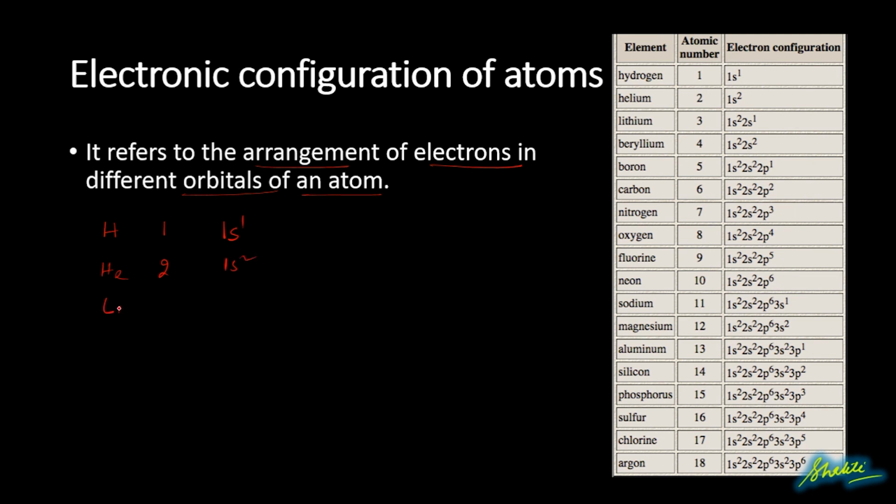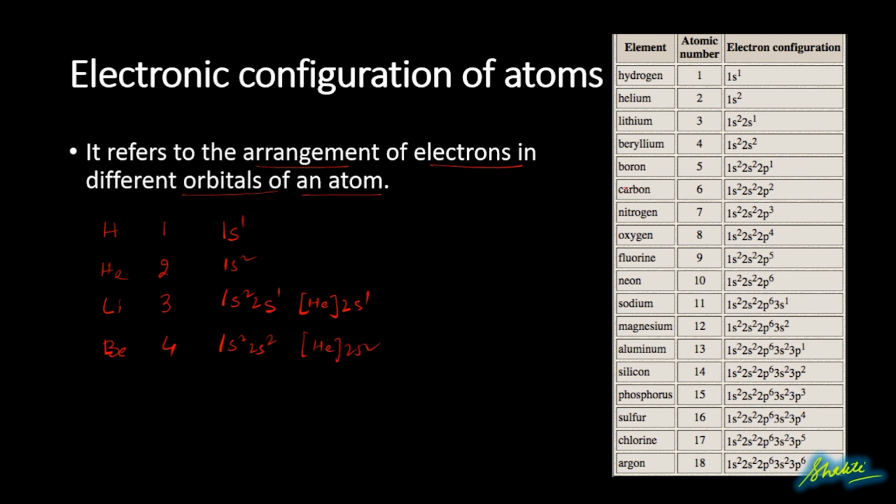After helium there is lithium, atomic number 3, and configuration is 1s2 2s1, or we can write it as helium 2s1. Then comes beryllium, 4, and electronic configuration is 1s2 2s2, or helium 2s2.